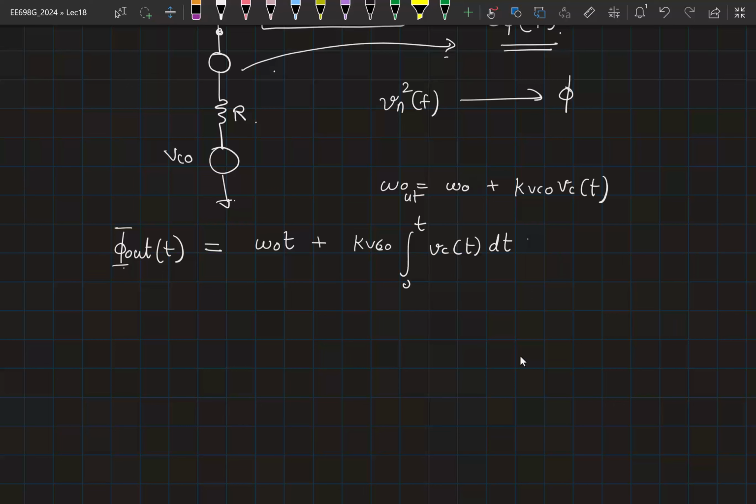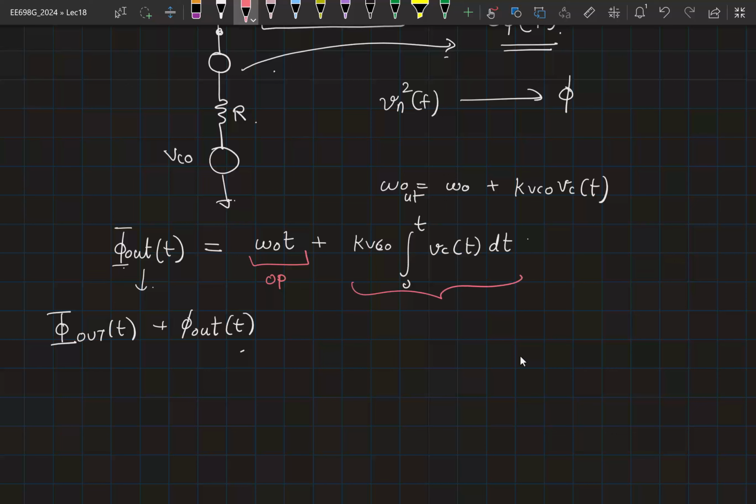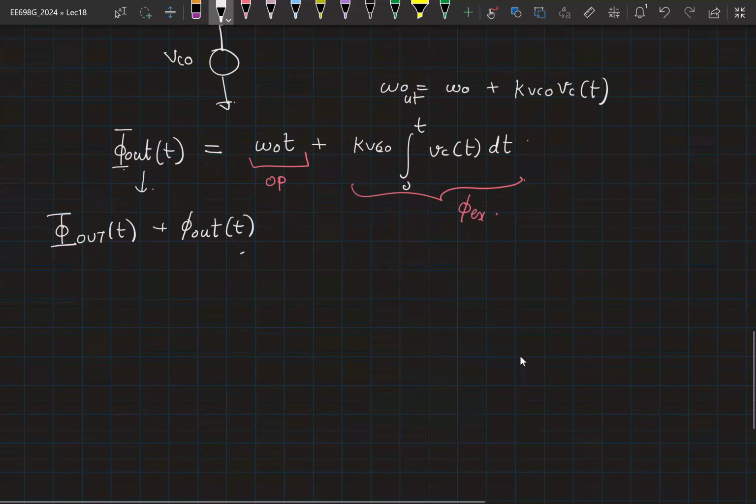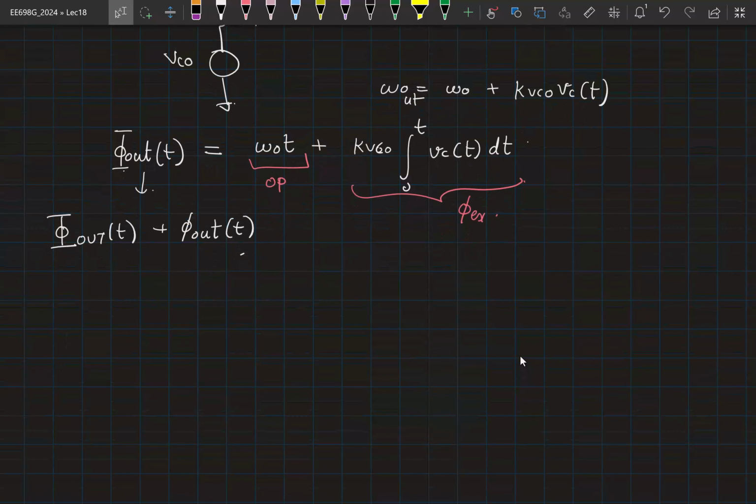Now this term can be written as some operating point plus the small signal phase. So here this part contributes to the operating point and this part contributes to the small signal phase, which we called the excess phase in the last class. Now can you tell me the transfer function between excess phase and VC?